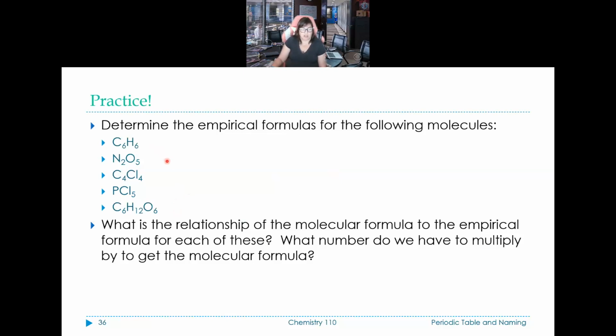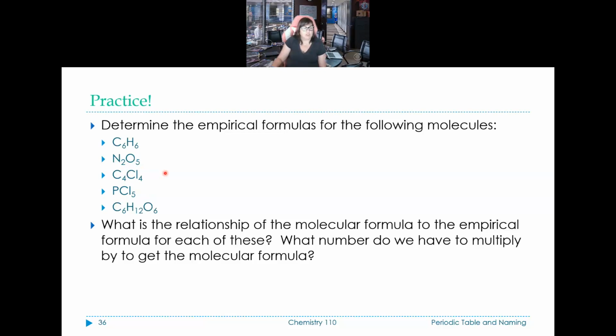So C6H6, I have a molecular formula that indicates that I have 6 carbons, 6 hydrogens. My empirical formula for this, the lowest whole number ratio, is CH. Okay, so I have divided everything by 6, and that gives me CH. When we talk about N2O5, I can't divide 5 by 2, so this is not only the molecular formula, but also the empirical formula.